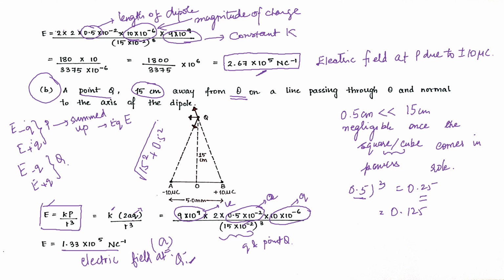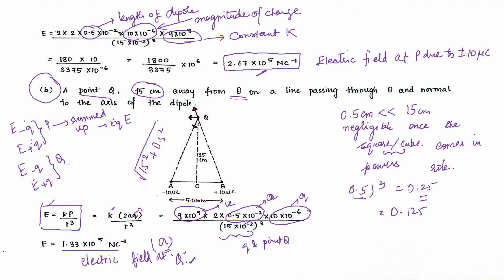That summed up expression we can use, we can directly substitute the given numeral values into it and find the strength or magnitude of electric field at the respective points asked in the question.